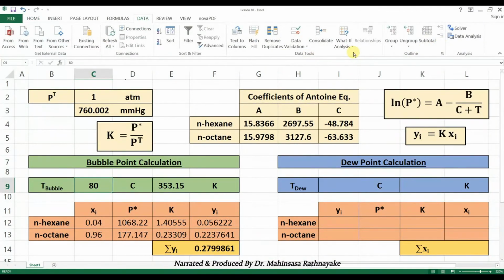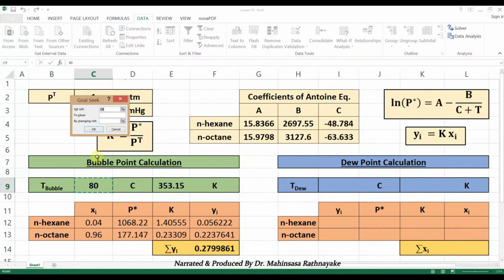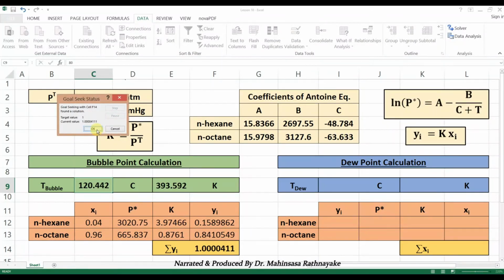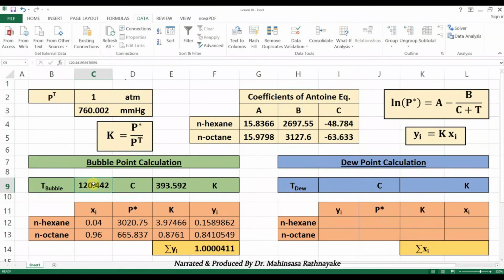So now we can use the Goal Seek tool to iterate the assumed temperature, with the target cell being the sum of vapor mole fractions equal to 1. We can see that the sum of vapor mole fractions reaches 1 and the corresponding temperature is the bubble point at these conditions.